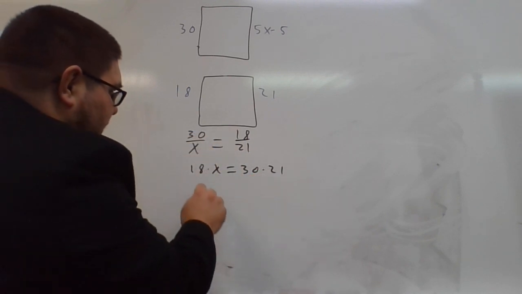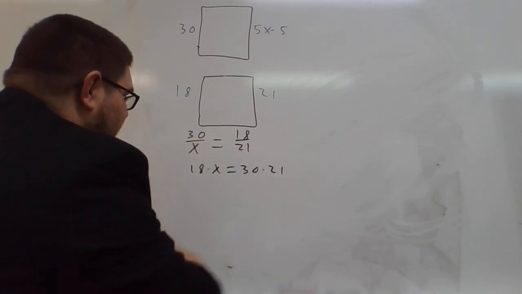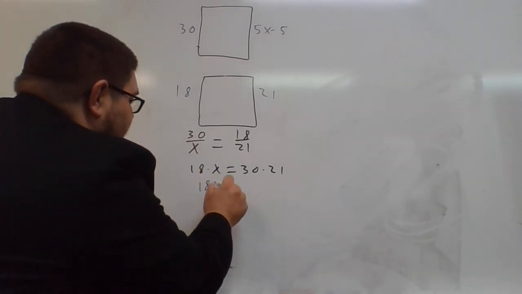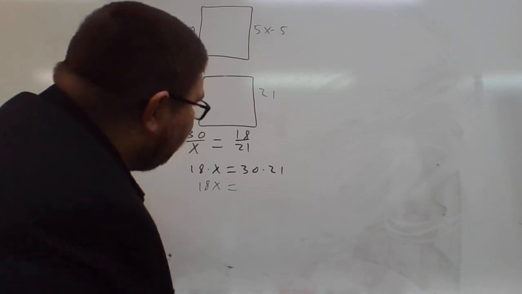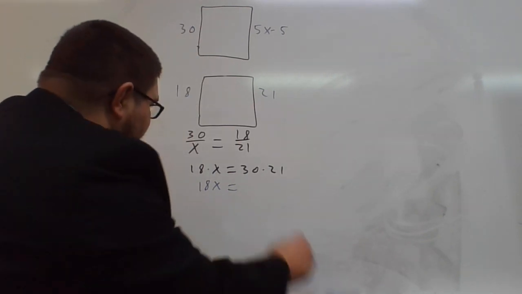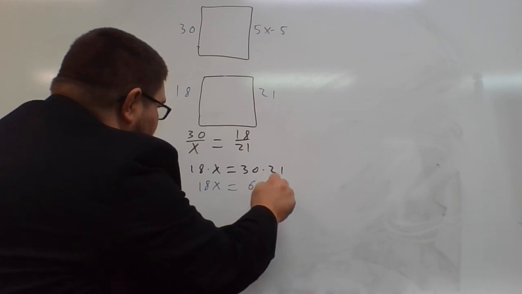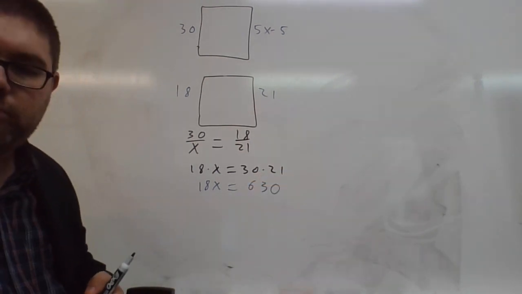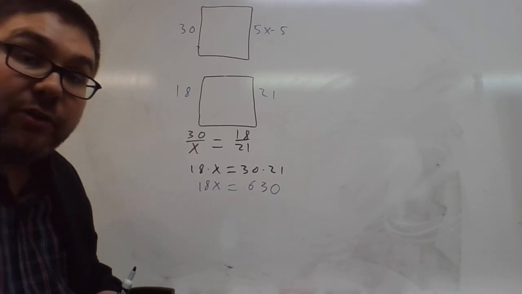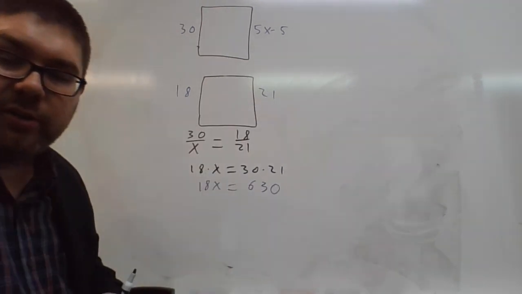I don't know the opposite order, but it shouldn't matter. 18 times x is 18x. 30 times 21, what did we say that was? 630? Good so far? Again, if you need to, use a calculator.